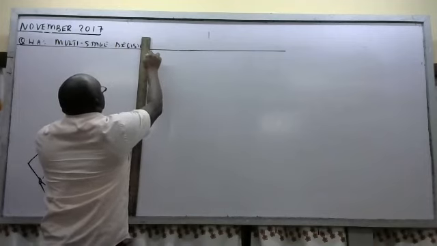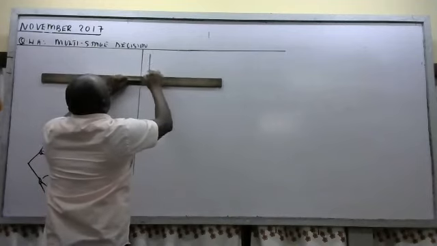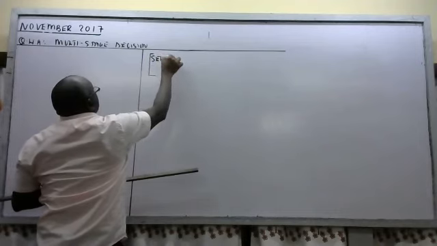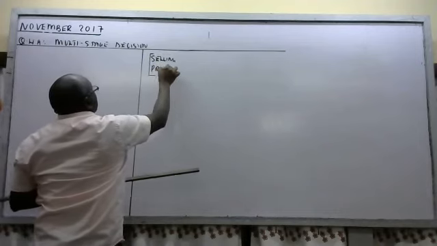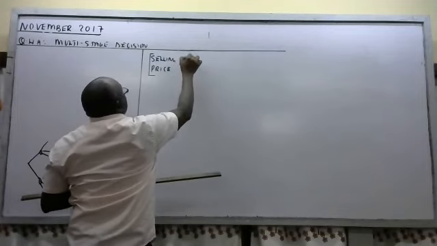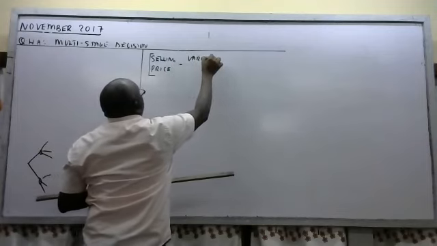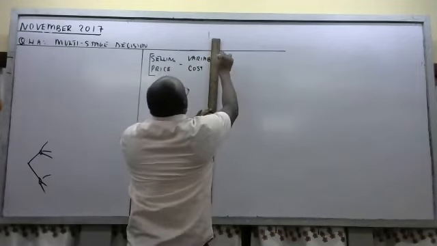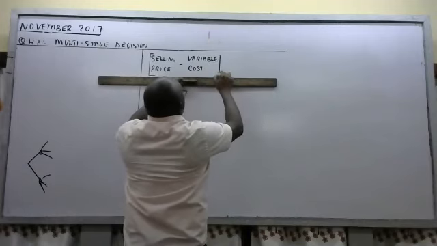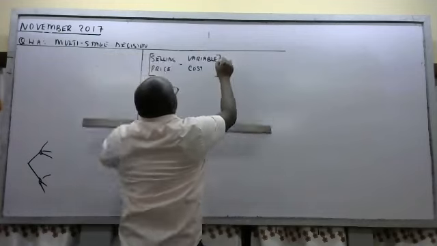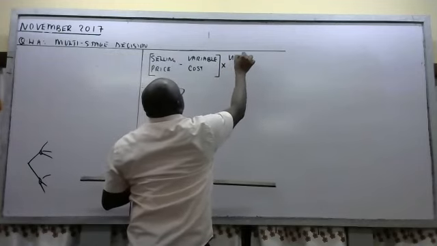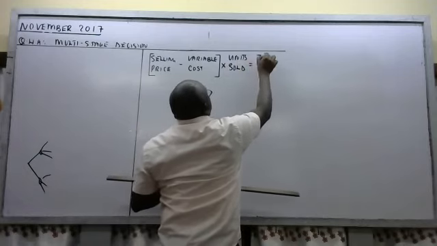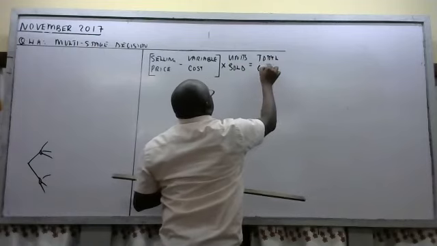Trying to have something like this. Selling price minus variable costs, multiplied by units sold. It will give me what I'm calling total contribution.